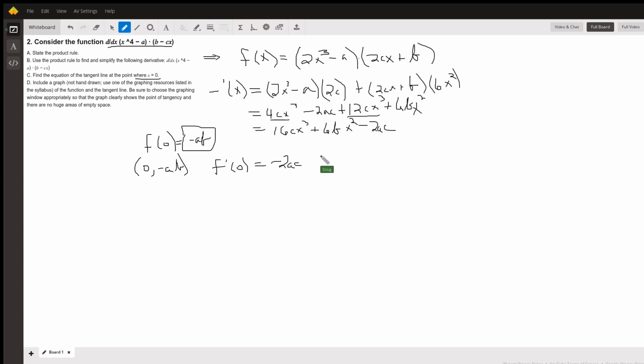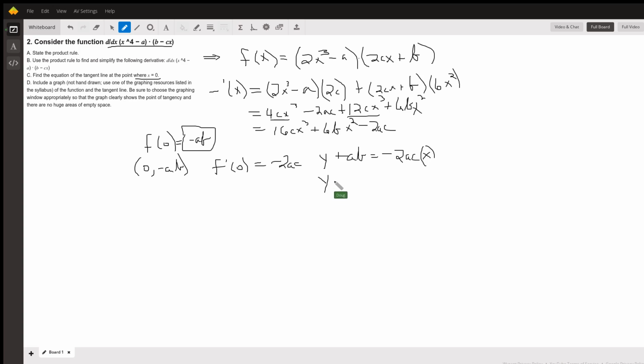So we'll use point-slope. Y minus the y-coordinate of the point of tangency would be y minus minus ab, or y plus ab, equals the slope, represented by minus 2ac, times x minus the x-coordinate of the point of tangency. Well, that'd just be x minus 0, or x.